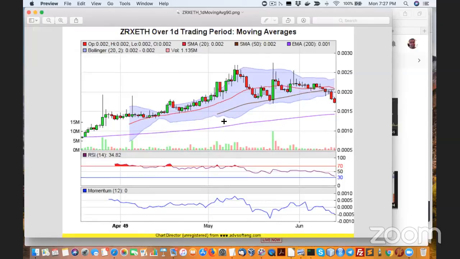Everything's all intertwined, as you can imagine, and it's all related around momentum too. But the point on the moving averages is you always want to watch how the SMA 20 and 50 tighten up, and also make sure your EMA 200 is below the SMAs. Then we're not in a classic bull market, but it's better than a bear market. So that's what's been going on here, I would think.